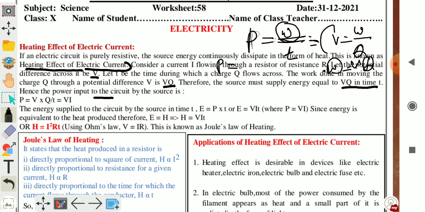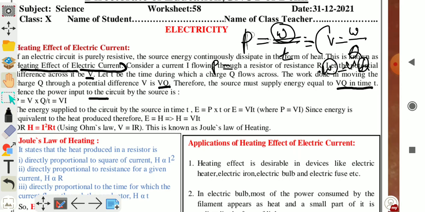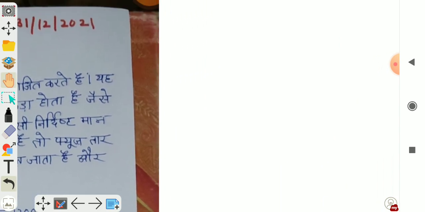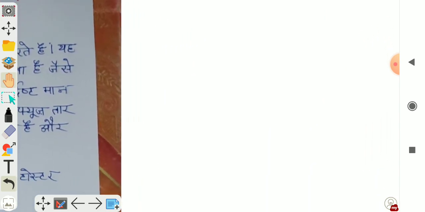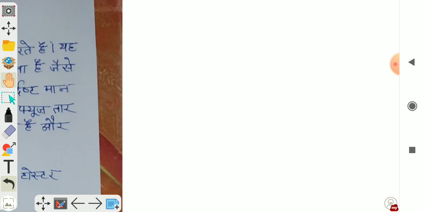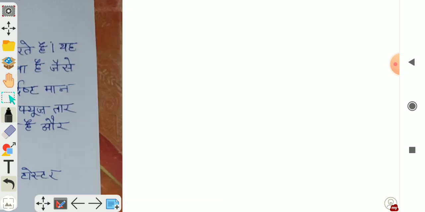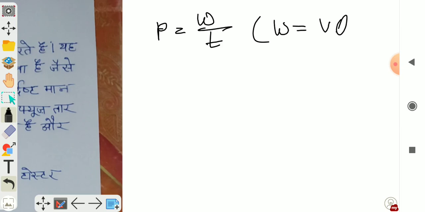It is better to do this in an empty place, so we will do it in this place. You know P equal to W upon T and W equal to VQ.